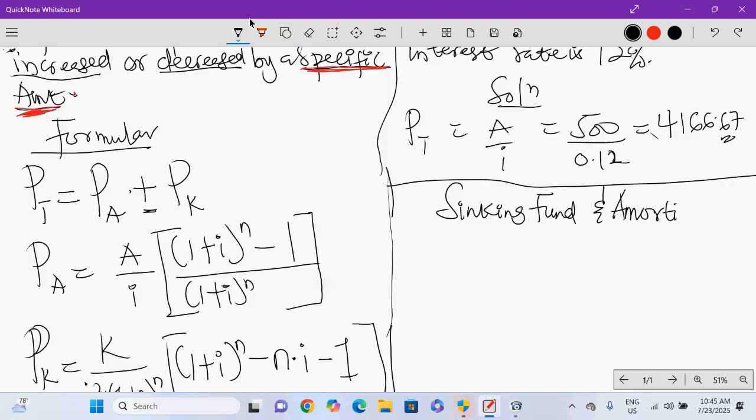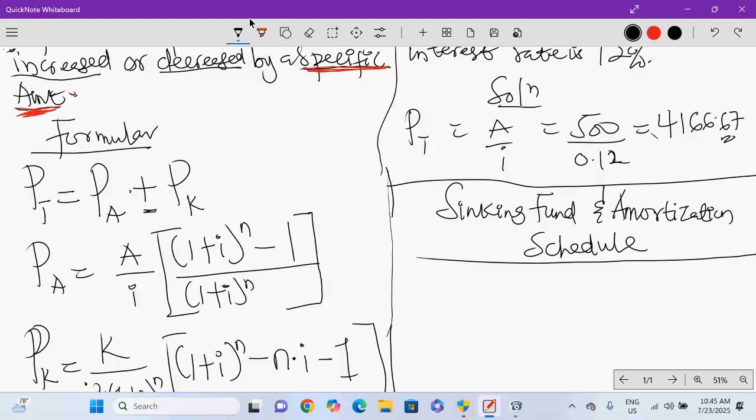Sinking fund and the amortization schedule. That is the next subtopic under the financial mathematics.